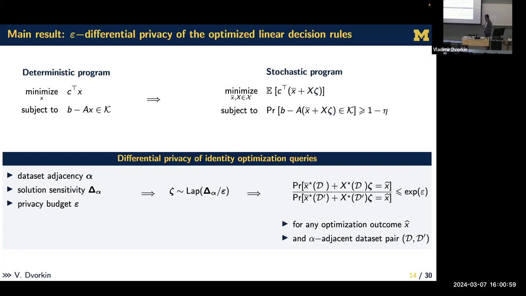We then calibrate the parameters of this perturbation to Laplacian noise and solve the stochastic problem. And eventually we can specify the definition of differential privacy on optimized linear decision rules. We can say that when this linear decision rule is optimized on dataset D or D prime, the probability of observing the same outcome is similar up to parameter epsilon.